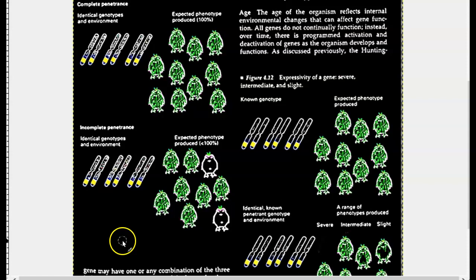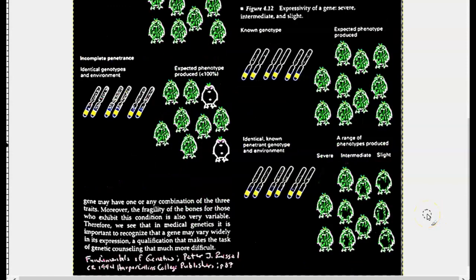In some cases, look right here. Some have the hair, green hair, and some don't have any. They're bald. You're expecting this to have exact same environment and genotype. And this is just showing you that there's a range. There's some that are really hairy, medium hairy, and not very hairy.